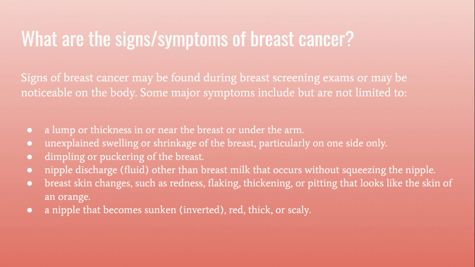Some major symptoms include, but are not limited to, a lump or thickness in or near the breast or under the arm or in the armpit, unexplained swelling or shrinkage of the breast, particularly on one side only, dimpling or puckering of the breast, nipple discharge or fluid other than breast milk that occurs without squeezing the nipple, breast skin changes such as redness, flaking, thickening, or pitting that looks like the skin of an orange, or a nipple that becomes sunken or inverted, red, thick, or scaly.